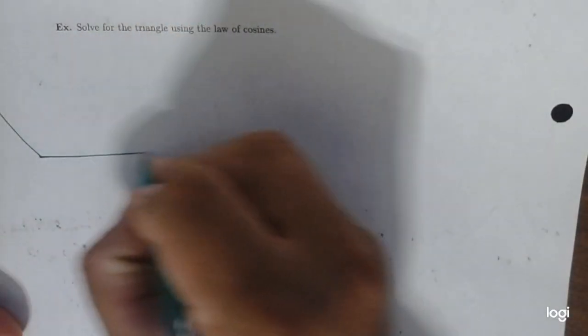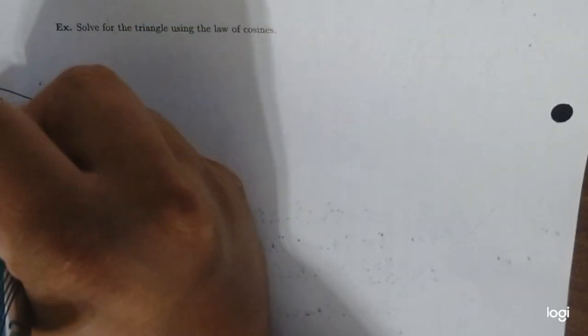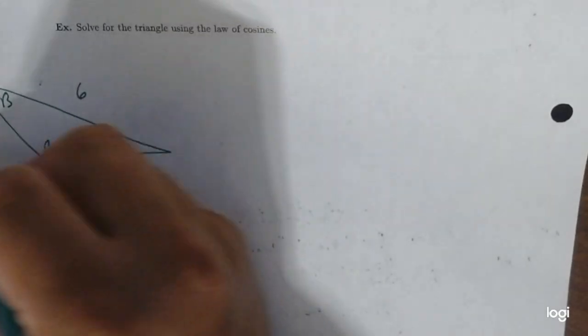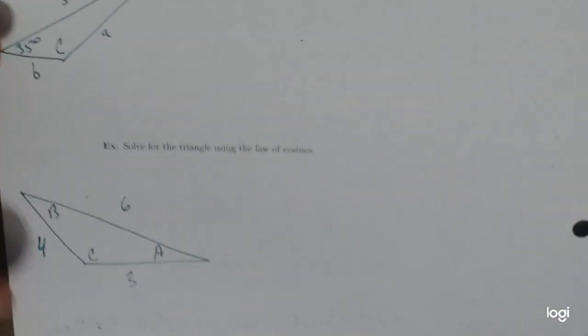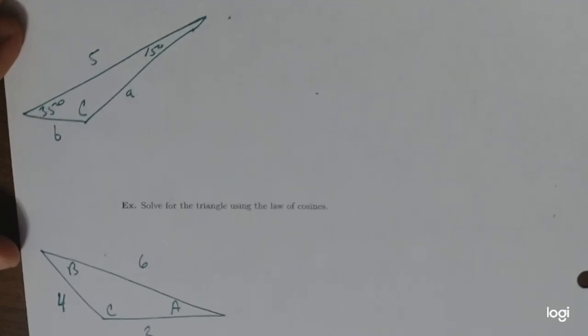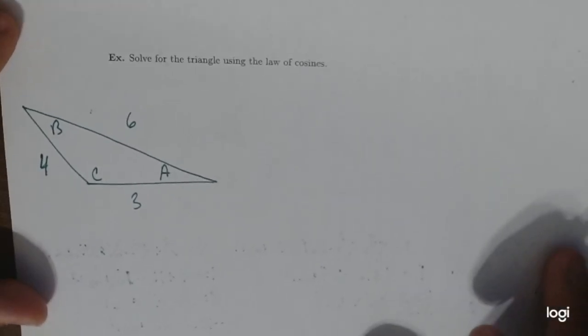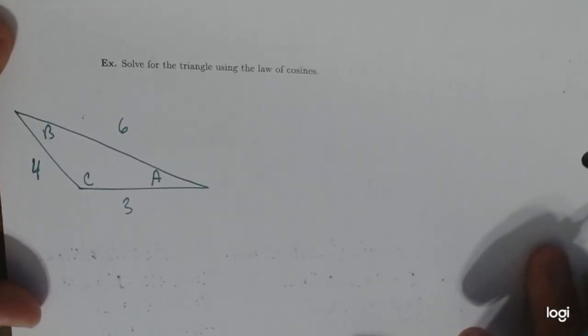And the bottom one here, use this one. So why don't you guys try these two problems out. The top one, you can use laws of sine. Bottom one, you can use laws of cosine. So I'll give you 3, 2, 1, pause. We'll do them together.